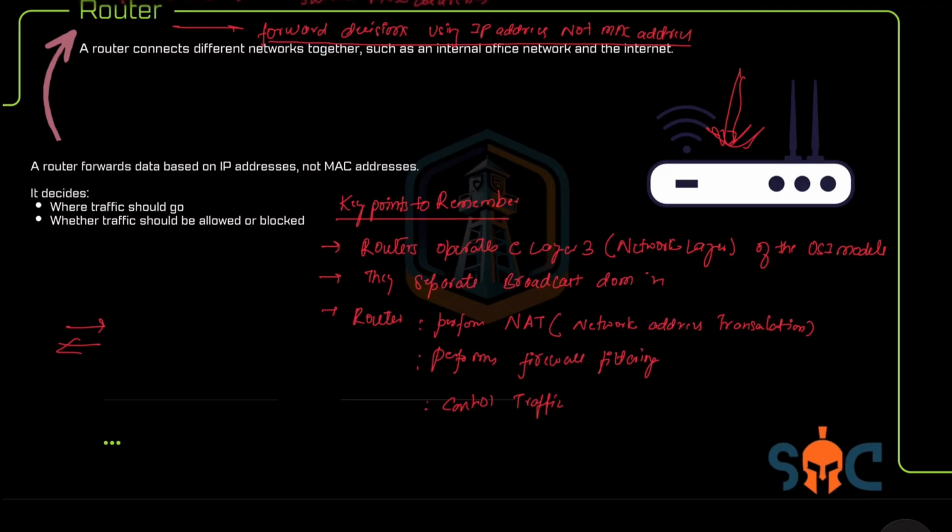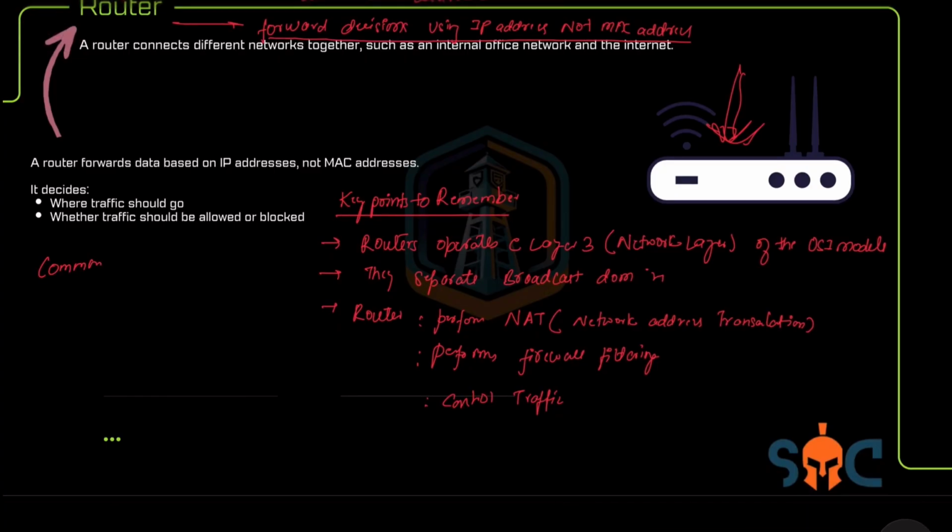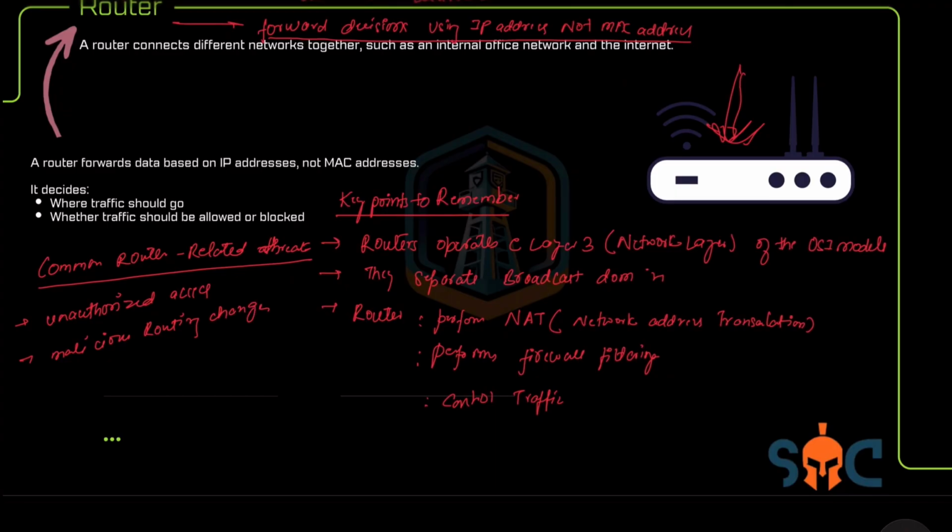Okay, so common router related threats are unauthorized access, malicious routing changes, and DDoS traffic passing through the edge router.